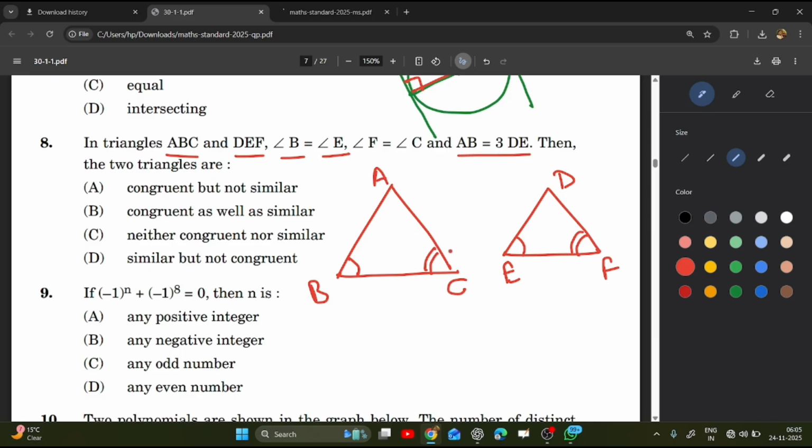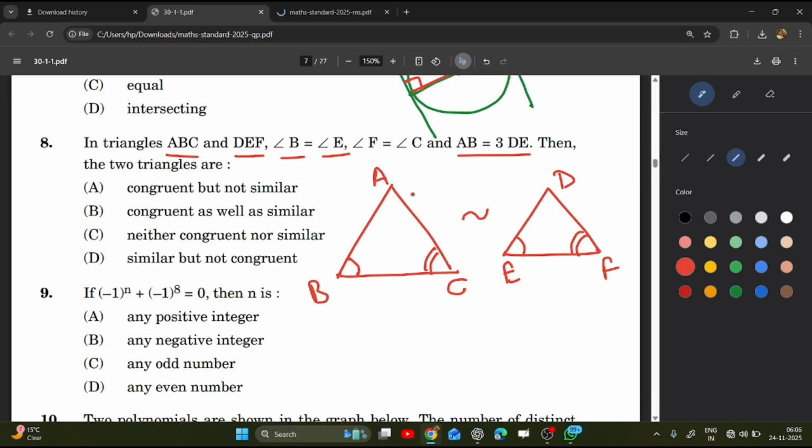Then the two triangles are, okay, their two corresponding angles are equal. So these two triangles are similar by angle criteria.